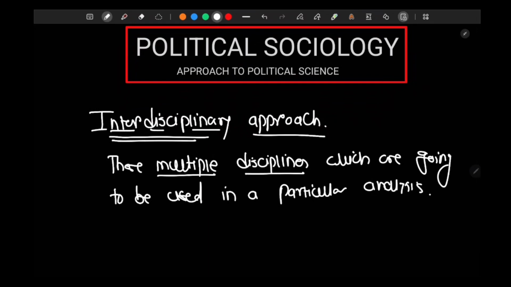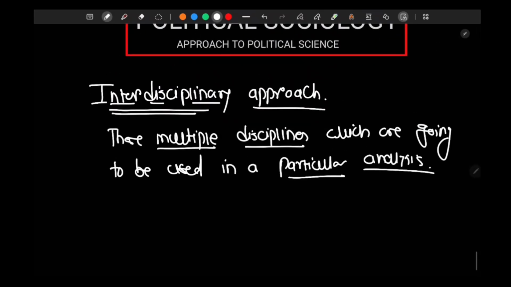So the political discipline is going to be used, the sociological discipline is going to be used, the economic lens is going to be there. That is the idea. Multiple approaches, multiple lenses will be used to understand the same topic.